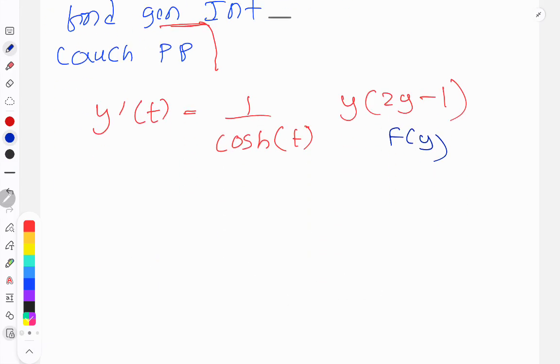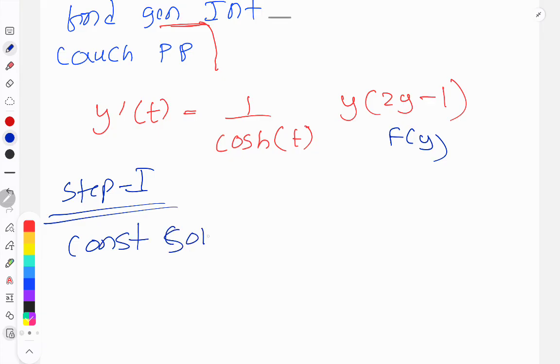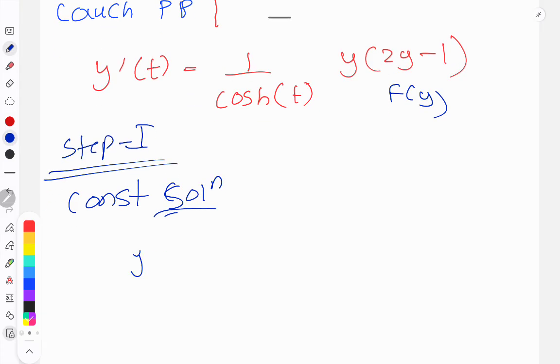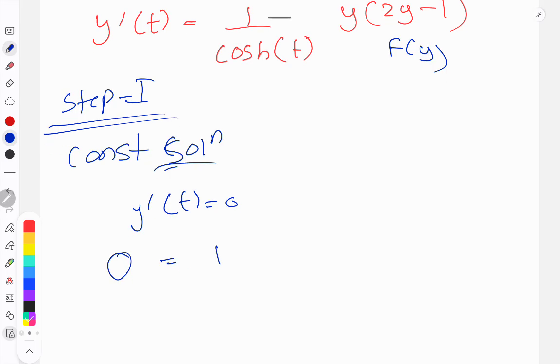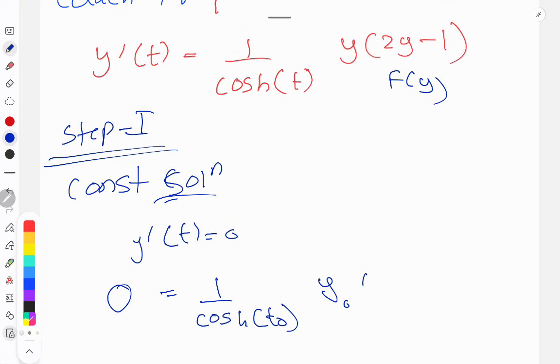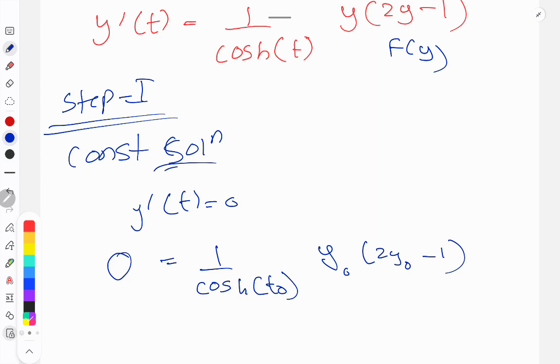As I said, before starting the question, you have to find the constant solutions. For the constant solution, you need to take y dash of t equal to 0. Wherever I have written t, you write t naught in the cos hyperbolic, and instead of y you just write y naught, because you're finding the constant solution.